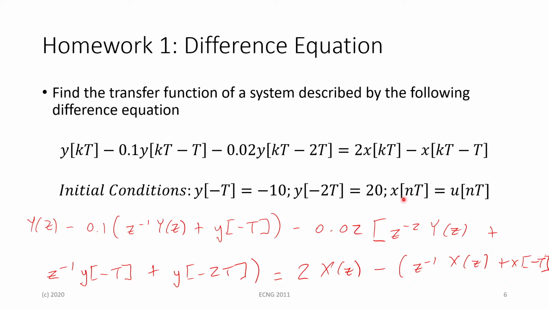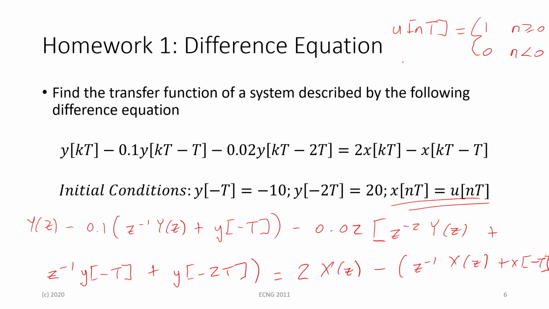And we also have x(nT) being u(nT). Because x(nT) is u(nT), our discretized unit step, it is characterized such that it's 1 for n greater than or equal to 0 and 0 for n less than 0.